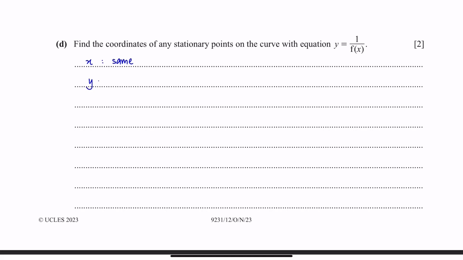And for the y coordinate, we need to flip the fraction. What do I mean by this? Okay, first, remember that we have 0, 0 and -2, -4. So 0, 0 would be the same since you can't flip this fraction, right?